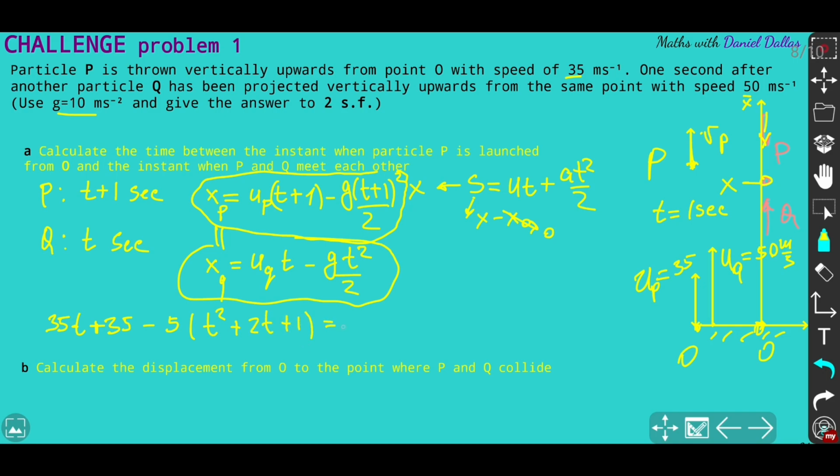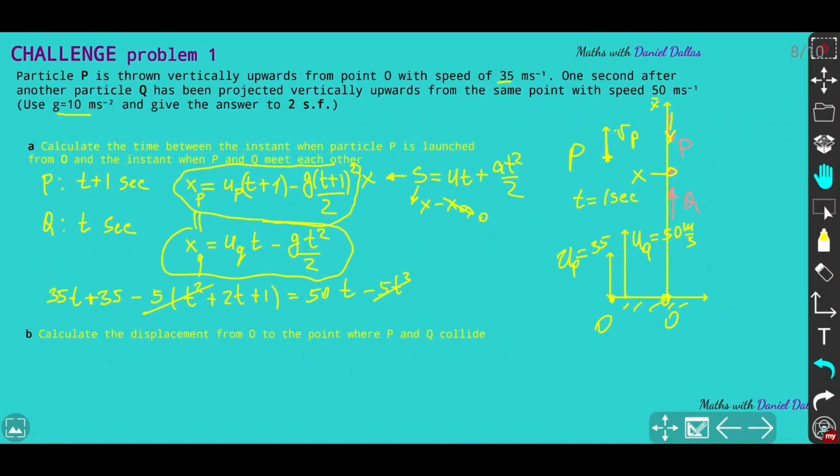For Q, you have initial velocity 50t, and again minus 5t squared. Now we understand that if we start expanding brackets, we will cancel those terms because they are the same. So finally, what we have here is the following: 35t plus 35, then we continue expanding, minus 10t minus 5, right?